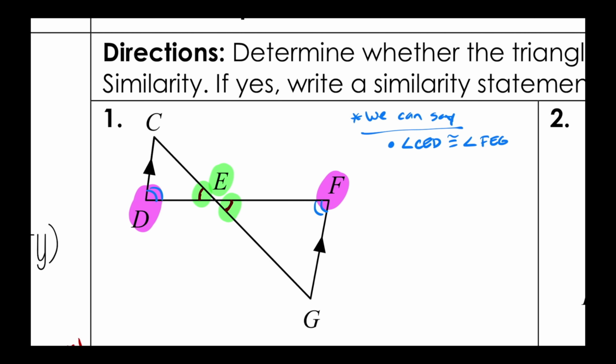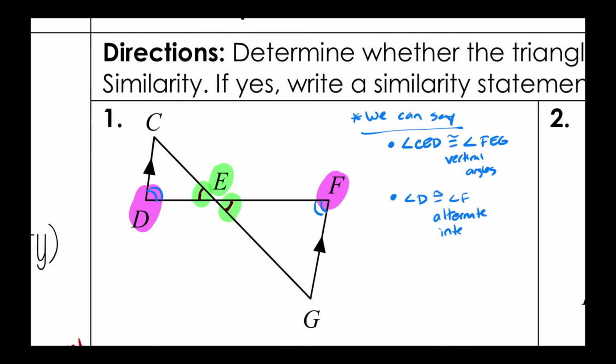Tell me why. You've got to tell me why. And we can say that because they're vertical angles. And then we can also say angle D, or we can say CDE. We can also say angle D and angle F are congruent.